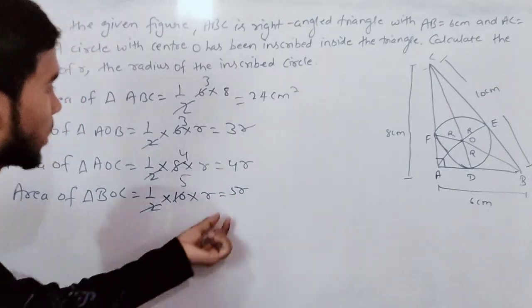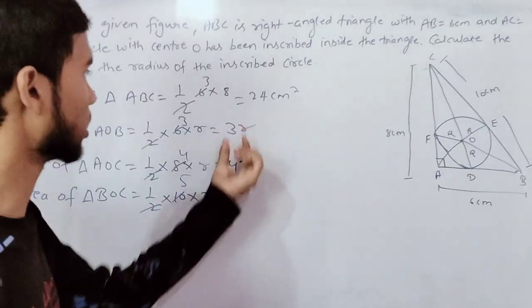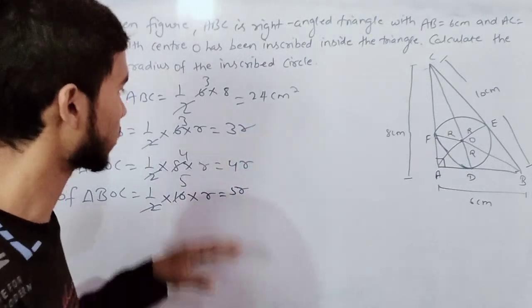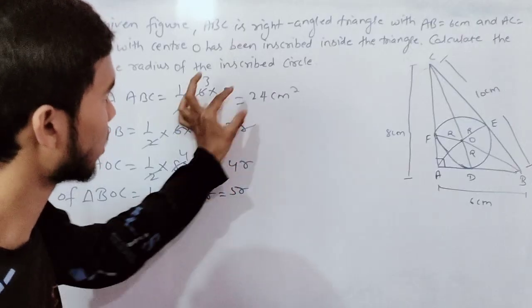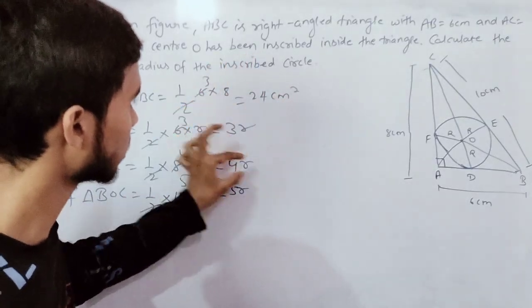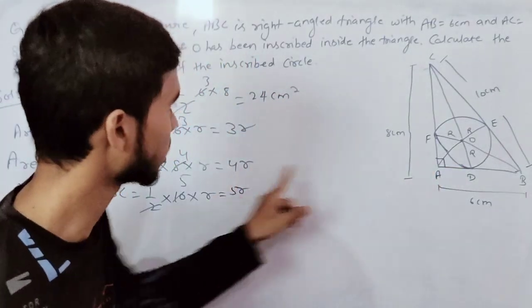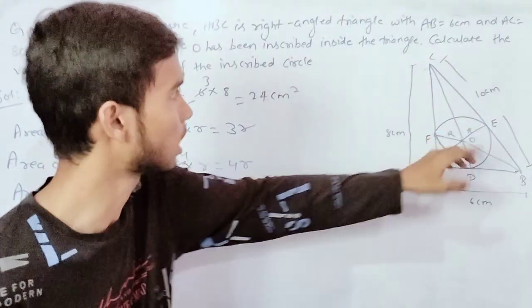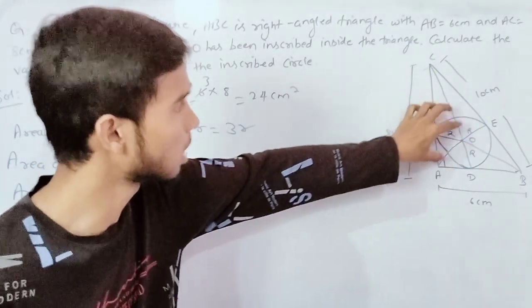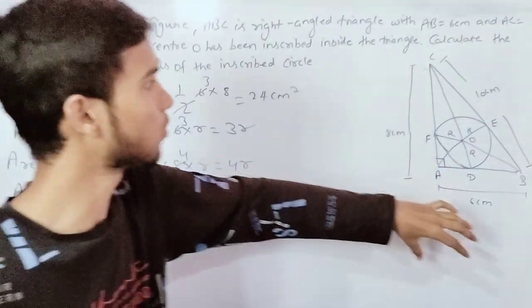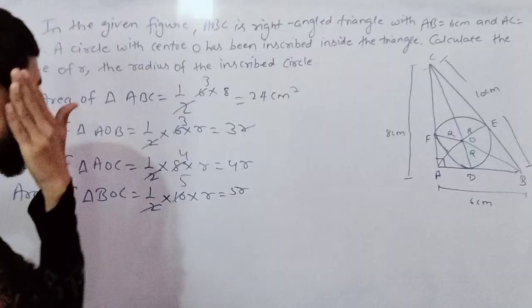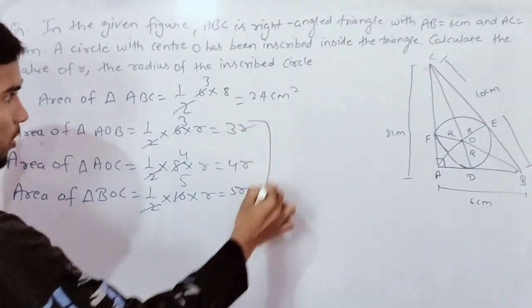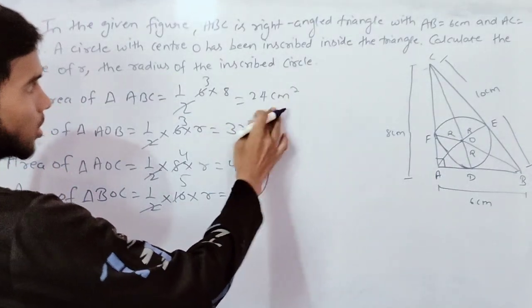Now here you can see, when we add these, the sum will be equal to this. This is the area of this triangle, this is the area of this triangle, this is the area of this triangle. These three triangles are parts of triangle ABC, so the sum of these will be equal to this.